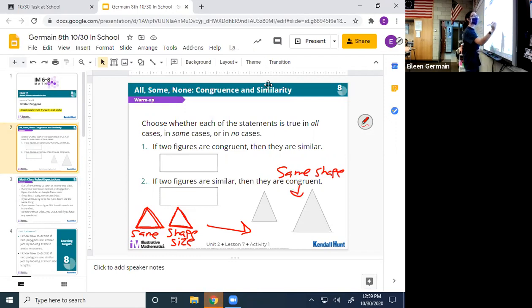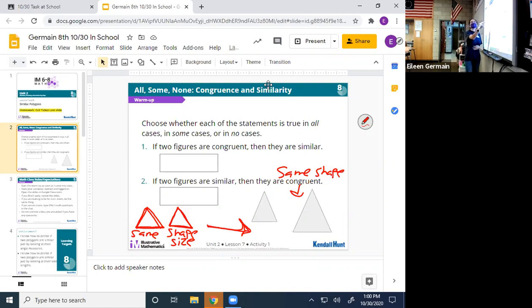That would only be like sometimes. So yeah, that would be in some cases. It's sort of the opposite. If we have two shapes that are congruent, that means same size, same shape. We can also say that they are the same shape, right? Because if they're same size, same shape, then they're always going to be same shape.